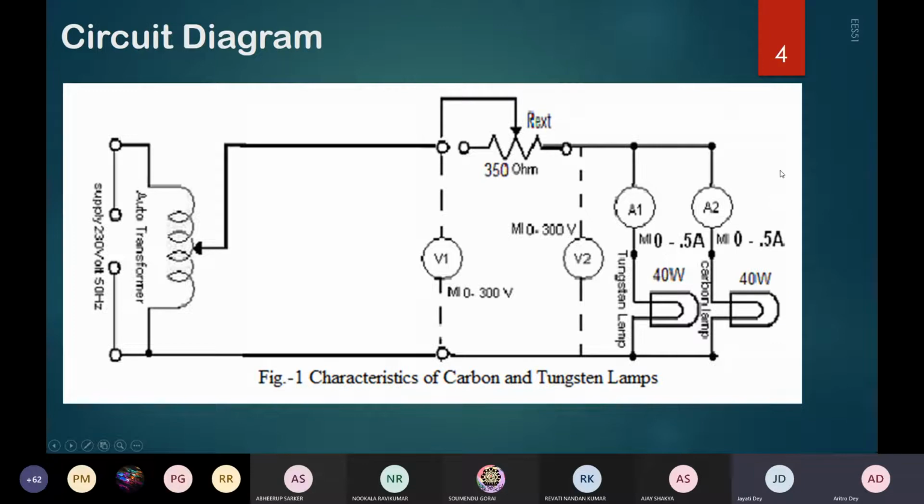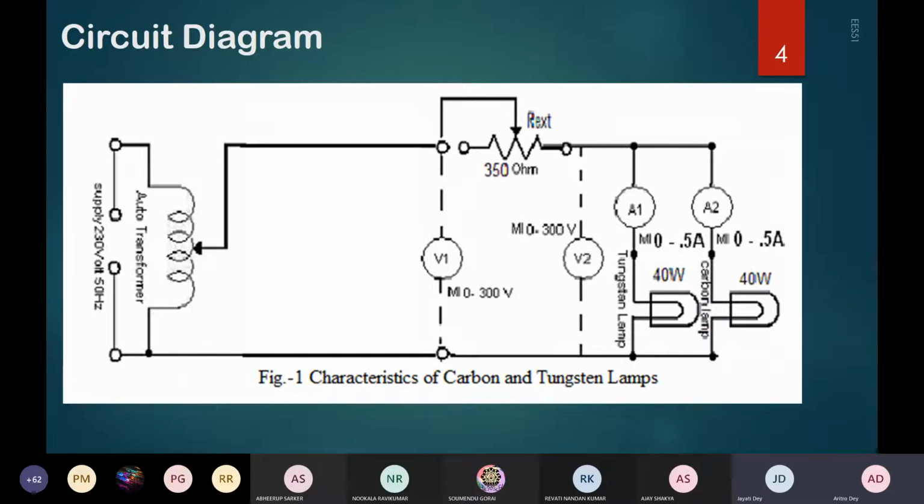And one thing we would like to mention over here, since it's an AC circuit, you can see the frequency is mentioned here, 50 hertz, 230 volt, and just beside all the instruments, that is the voltmeters V1, V2, ammeters A1 and A2, you can see the MI is written. MI means moving iron instrument for AC current and voltage measurement.